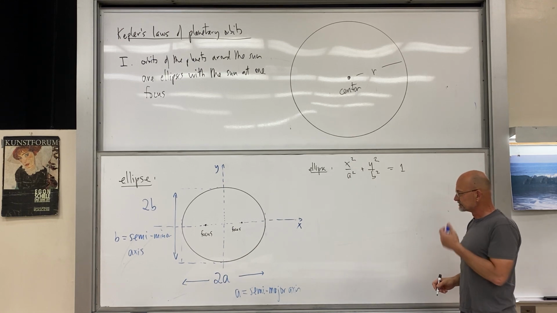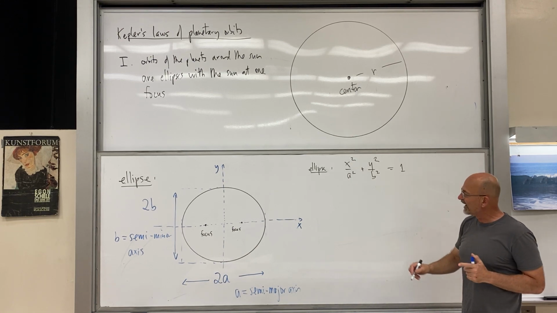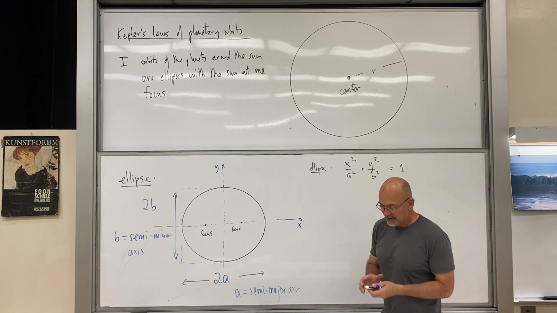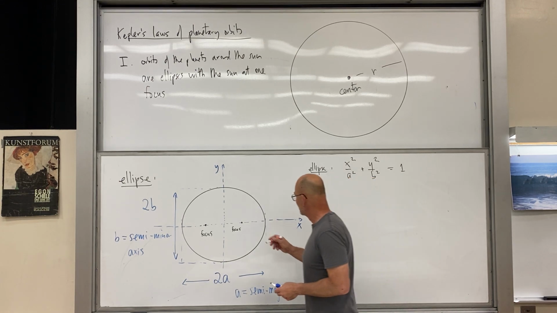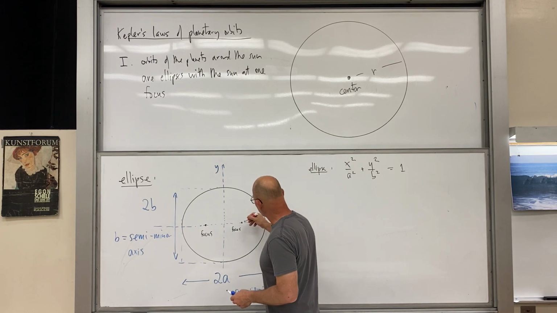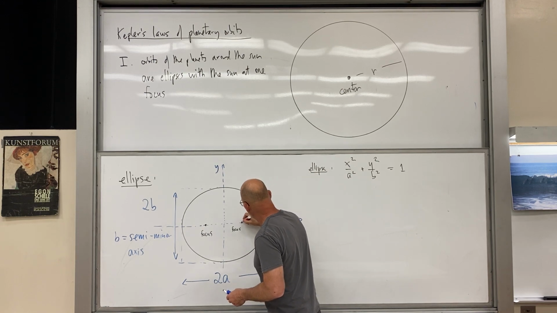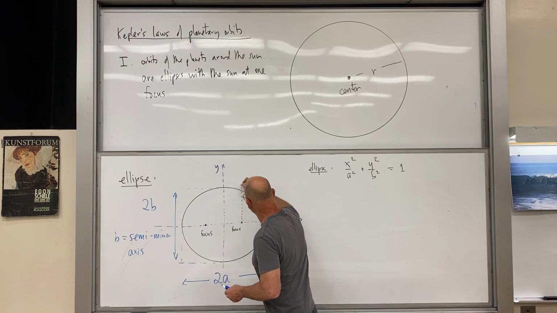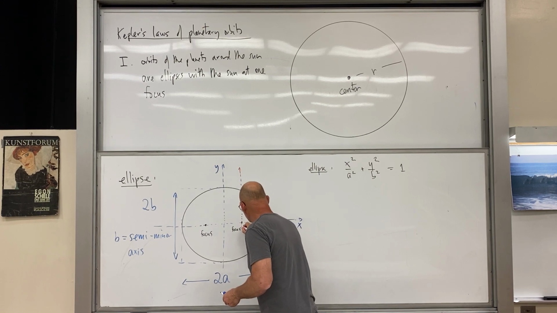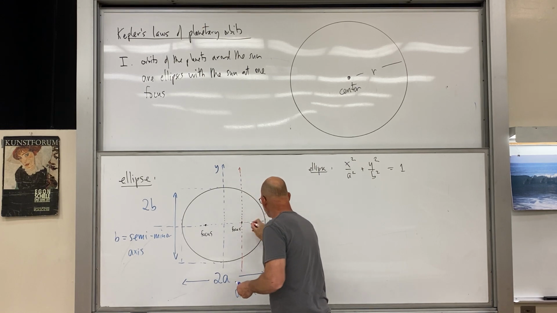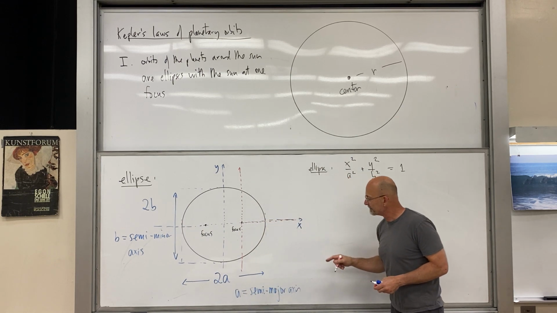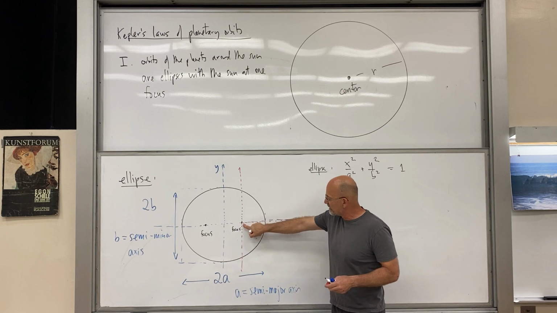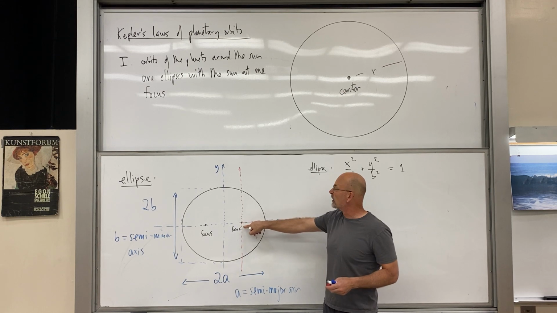Okay. Now there's another way to look at this ellipse, and maybe we'll use a different color. So suppose we call this the x-axis, but we're going to put a y-axis parallel here. So this second coordinate system is going to share this x-axis, but it puts the origin at the focus.